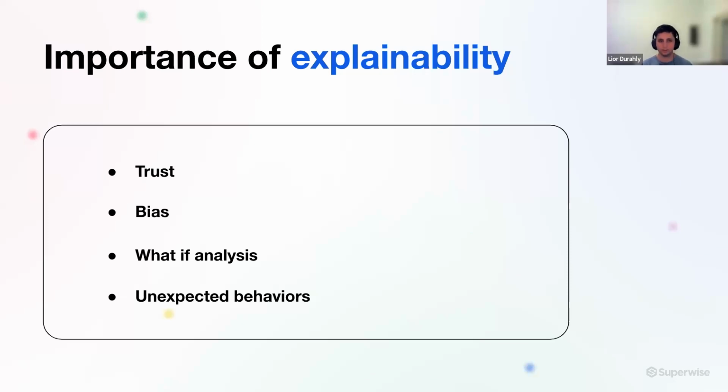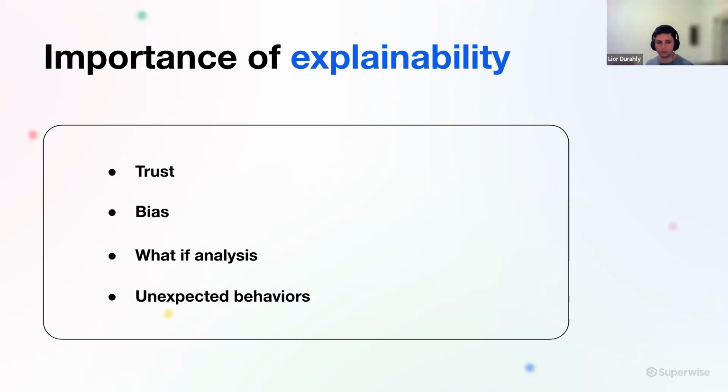So why is explainability important for us? First of all, to start using our models in more places, we have to trust them, because it doesn't matter how good the model is if we cannot trust it.